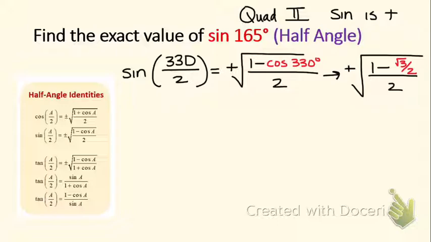Again, it's a lot of math, but it's literally the same steps. So what was my next step? In the numerator, what do I have to do with this 1? You have to do 2 over 2. Yep, that is 2 over 2. So in my numerator, I have 2 over 2 minus root 3 over 2, and that's all over 2.